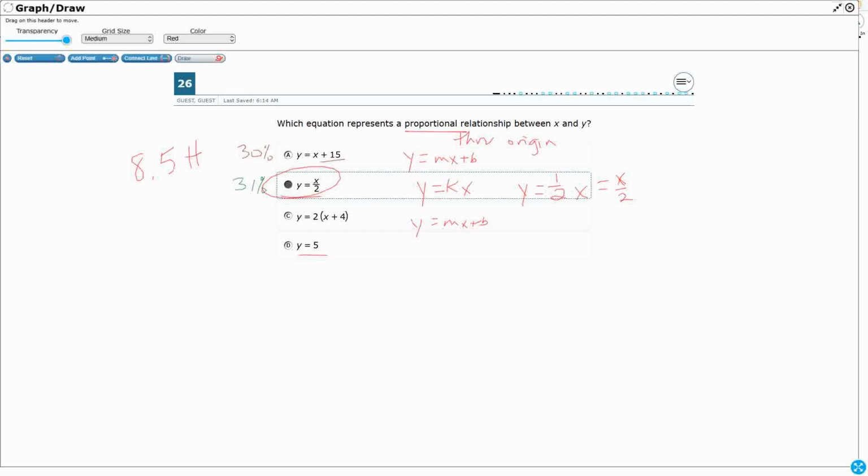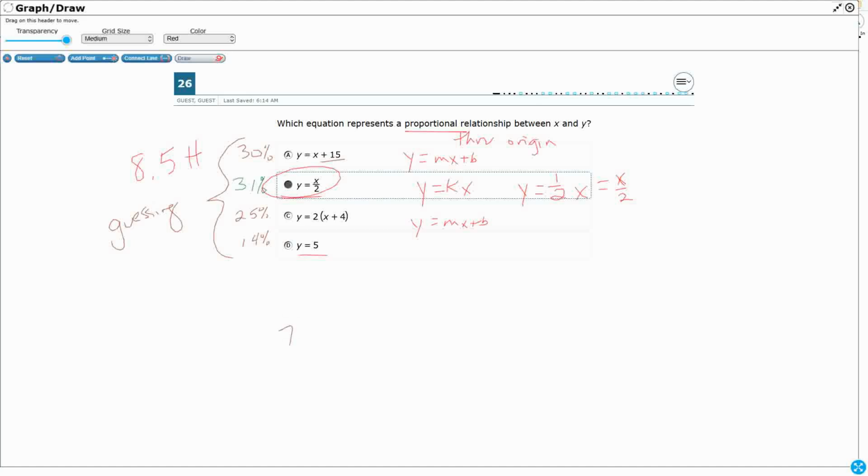And then 25% chose C, right? So we're getting pretty close to guessing. The one that really fell off here was D, y equals 5. It definitely is different, but it's not what we need. And so we're pretty close to guessing right here, which is not really what we want.